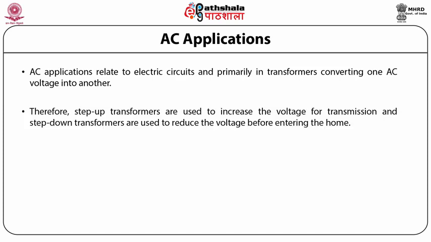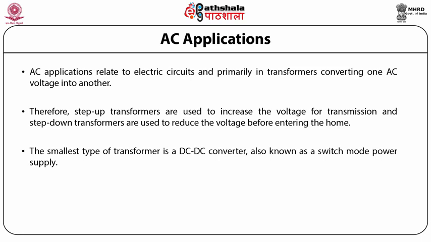Therefore, step-up transformers are used to increase the voltage for transmission and step-down transformers are used to reduce the voltage before entering the home. The smallest type of transformer is a DC-DC converter, also known as a switch mode power supply. These are often mounted on a chip that can be put onto a circuit board.